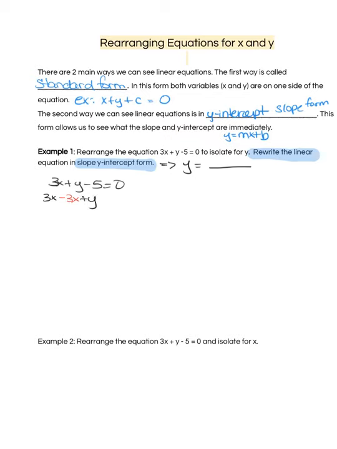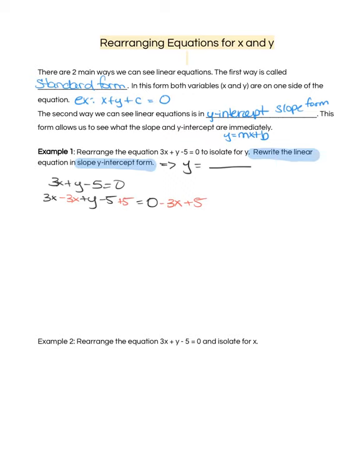Plus y minus 5. And I also want to get rid of this minus 5. So if this is a negative 5, I'm going to add it so that I can get rid of that. Equals 0. Now, whatever I did to the left-hand side, I also have to do to the right-hand side. So if I subtracted 3x from the left-hand side, I have to subtract 3x from the right-hand side. And if I added 5 to the left-hand side, I also have to do that to the right-hand side.